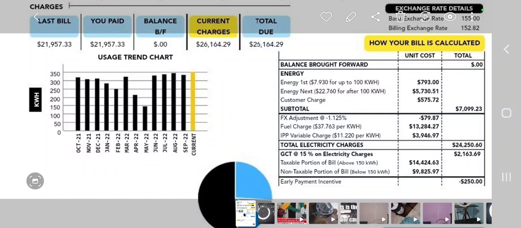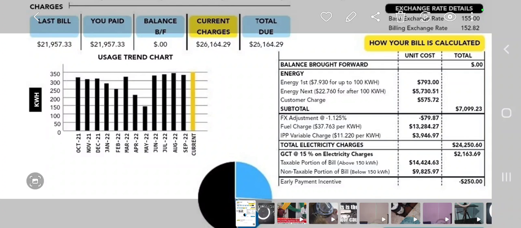Then below that you have energy, and energy first for up to 100 kilowatt hours, because the rate for the first 100 kilowatt hours is actually different from your usage after that. For the first 100 kilowatt hours, the rate is $7.930.